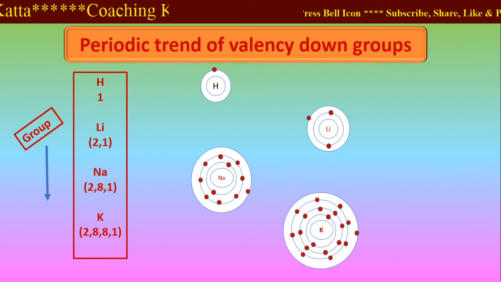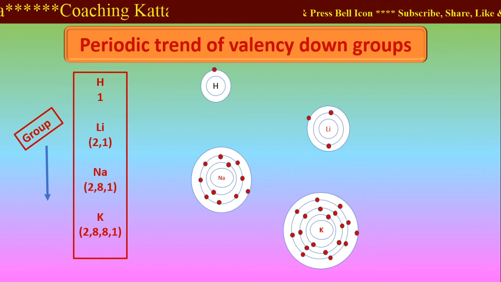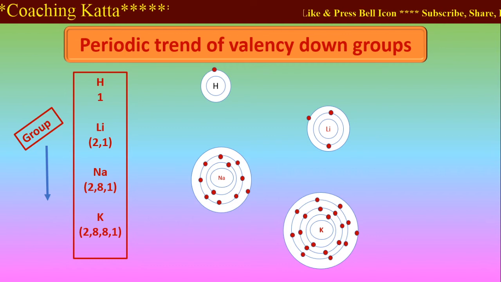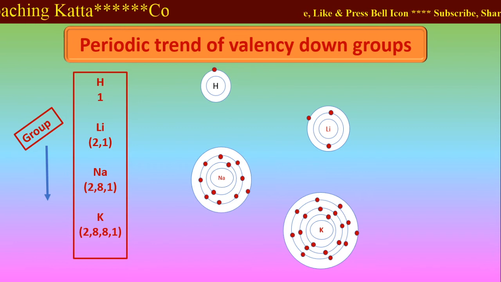See the configuration of potassium. It contains four shells but again it contains only one valence electron. All these elements have the same number of valence electrons in the outermost shell. The number of shells goes on increasing, still the valence electrons remain the same down the group.